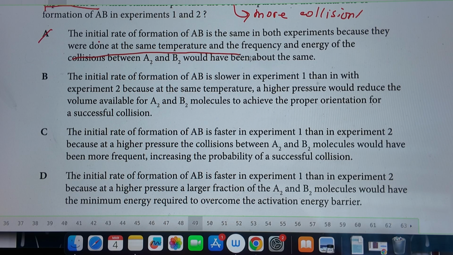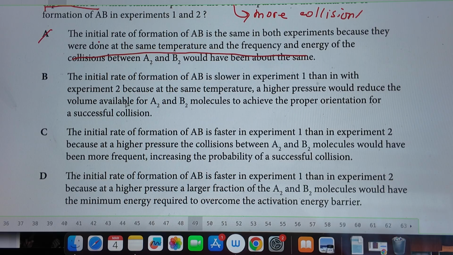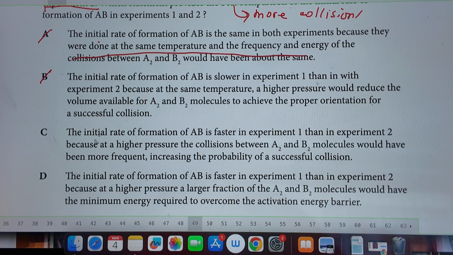Collisions between A and B would not be the same. The initial rate of formation of AB is slower in experiment 1. Why would it be slower? There's more collisions than with experiment 2 because they're the same temperature. Okay, a higher pressure would reduce the volume. No, pressure does not reduce volume to achieve the proper orientation of a successful collision. No, that is not true.